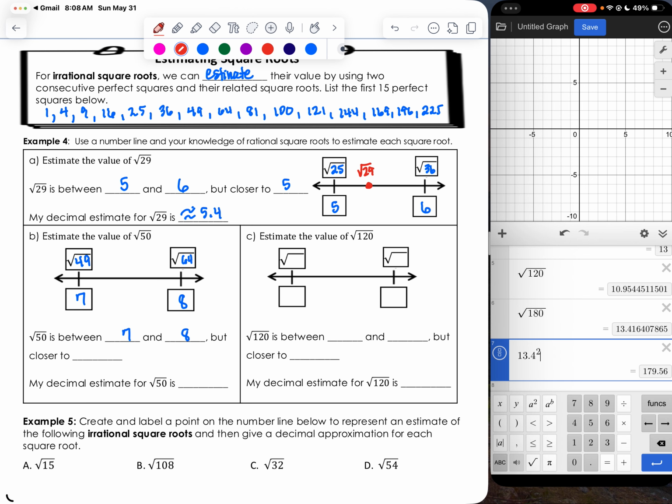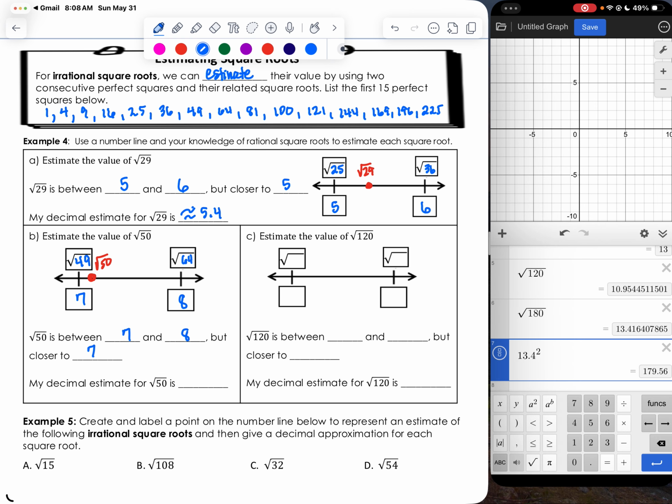Now, which one is it closer to? Is square root 50 closer to square root 49? Or is it closer to 64? Well, hopefully you said square root 49, because it's only one away. In fact, it's very close. So I'm going to try to get it really close there, and I'm going to plot that on the number line. So square root of 50 is closer to the 7.